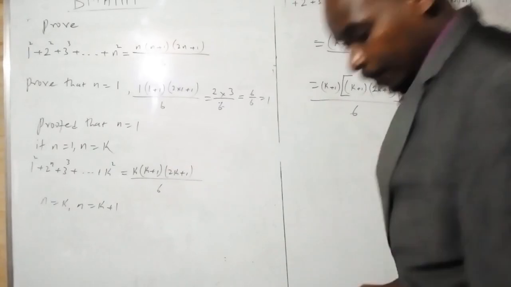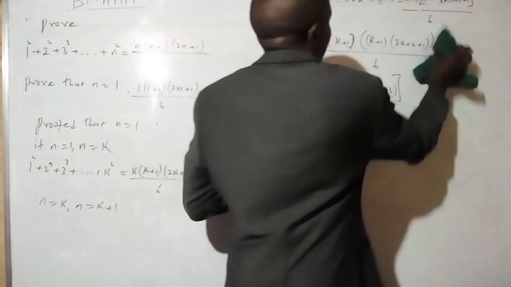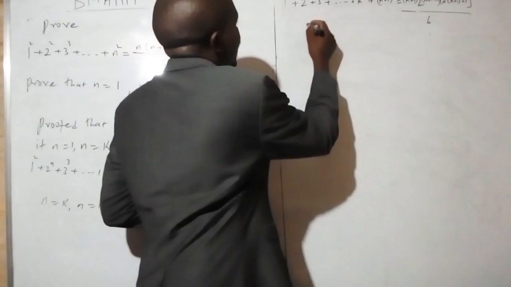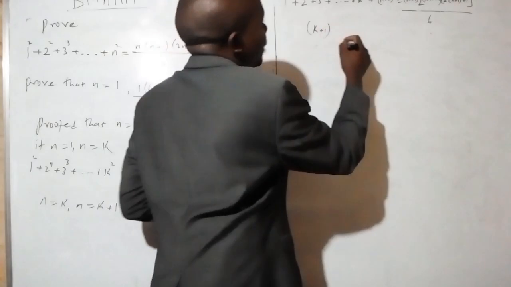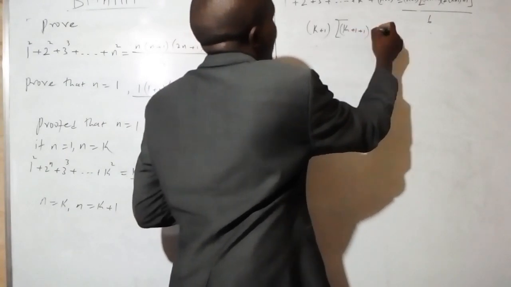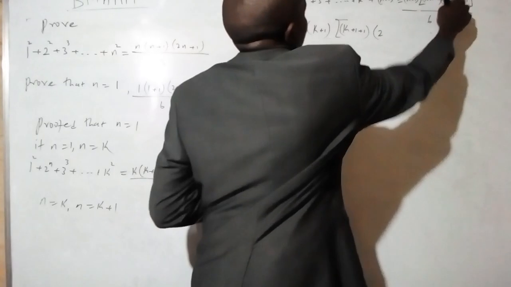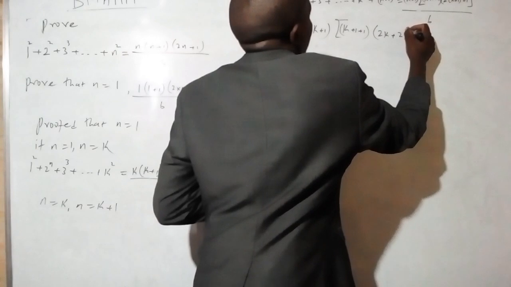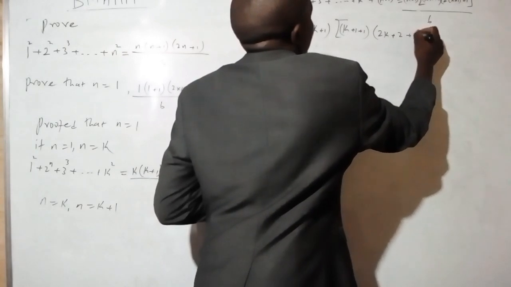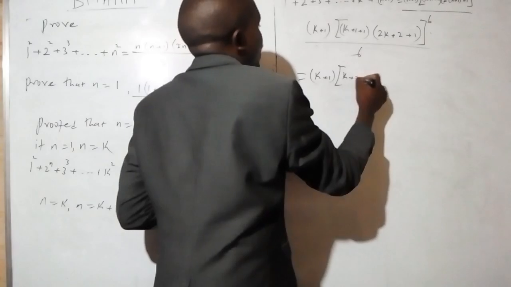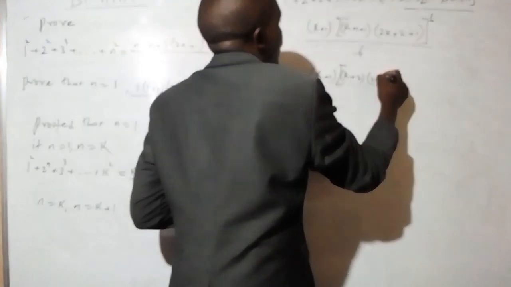To read k plus 1, k plus 1 plus 1, then 2, you open the bracket now here, 2k, 2 times 1 is 2, plus 1 now, all over 6, you have k plus 1, k, 1 plus 1 is 2, 2k, 2 plus 1 is 3.